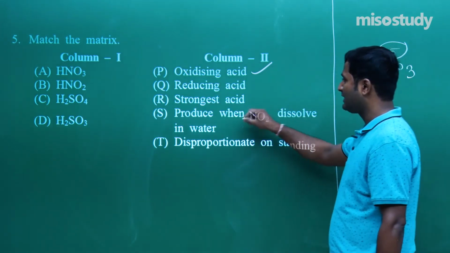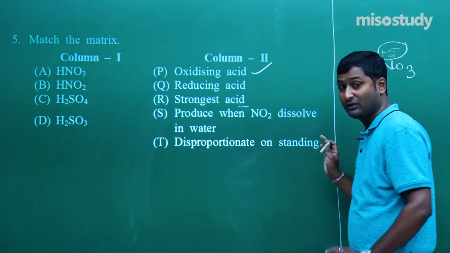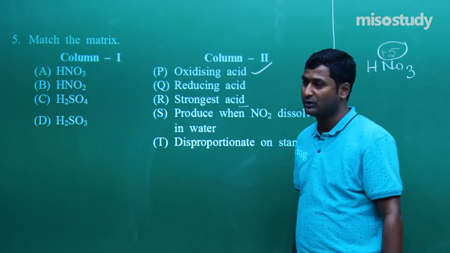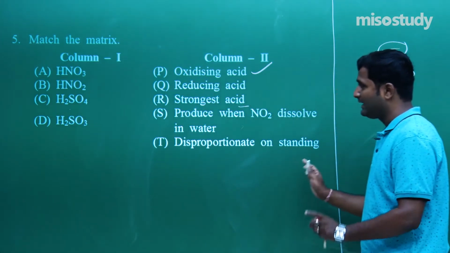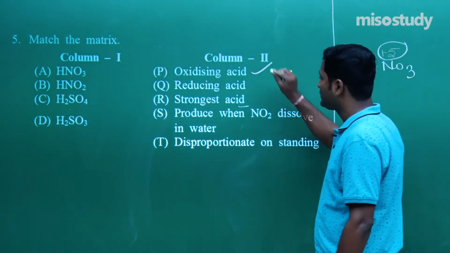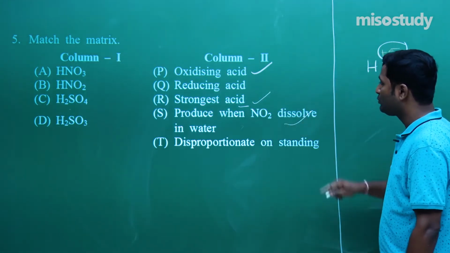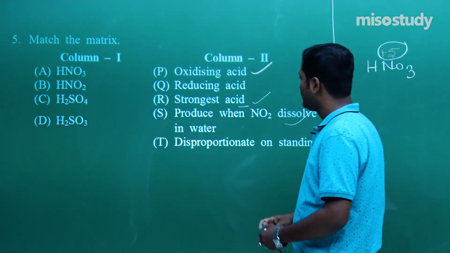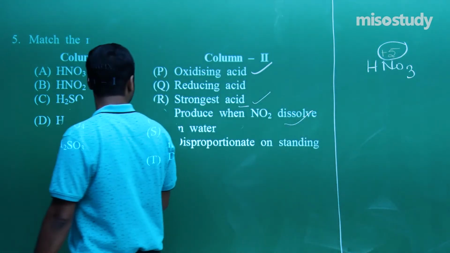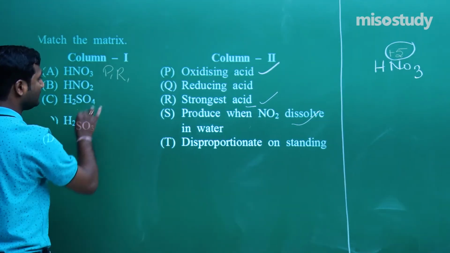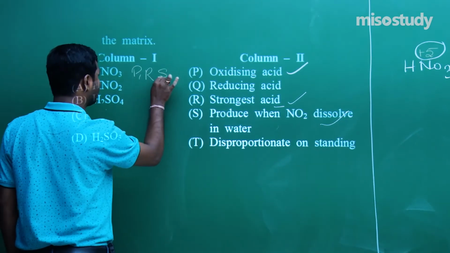You can also take this one as a strongest acid also. But if I talk about H2SO4 and HNO3, then H2SO4 is the strongest. So here there is no such comparison. So the first one is oxidizing agent, strongest acid, produced when NO2 dissolves in water. So the best explanation for this, I am moving here, is P, R and S.